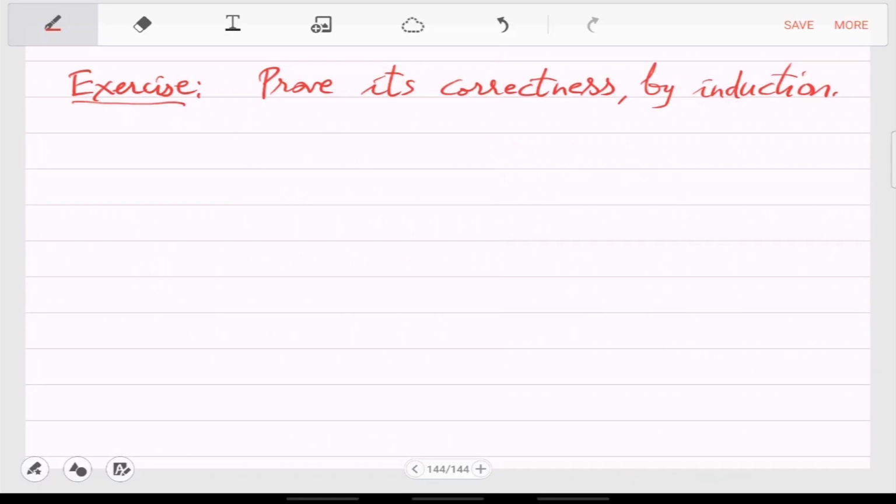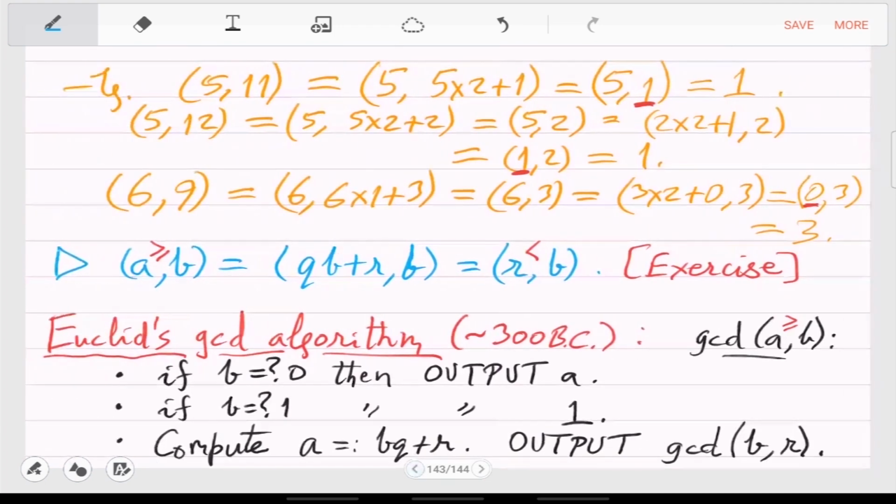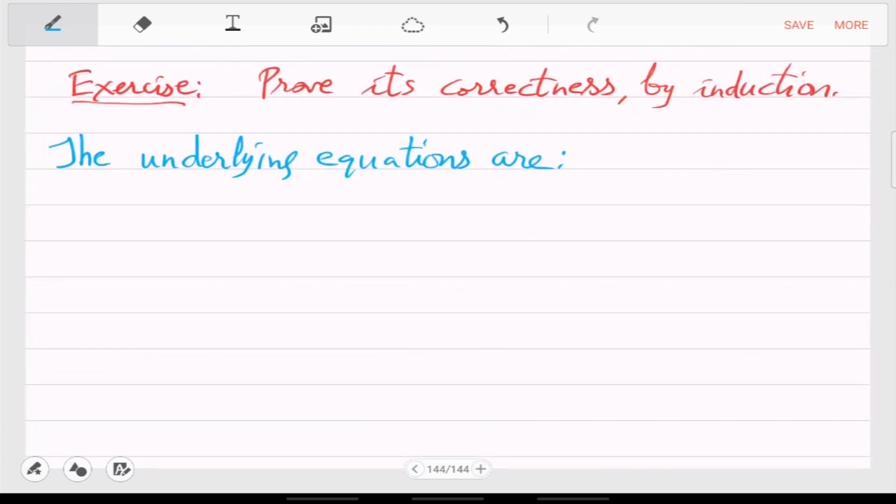So one property of this is that the underlying equations in this algorithm are important to prove another result. By underlying equations, I mean let us keep track of all these recursive calls.